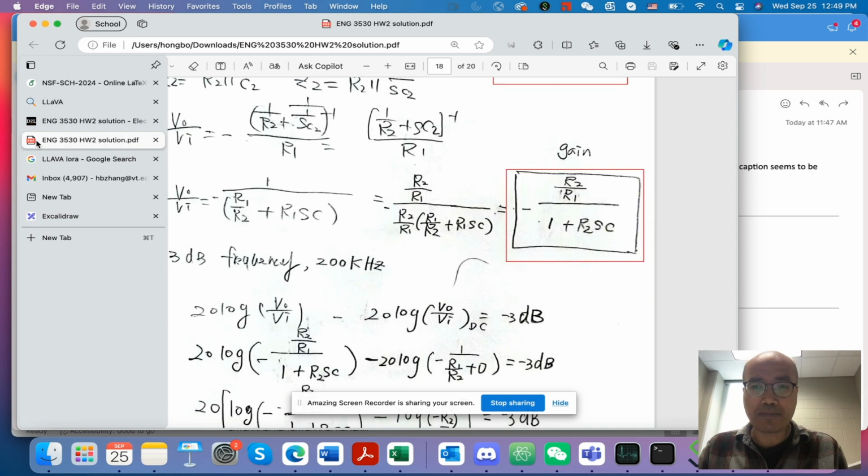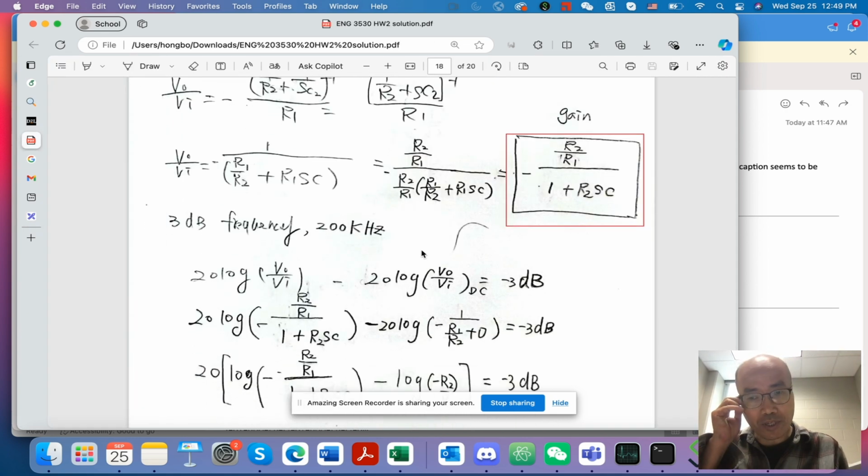Now let's go back. First thing we need to know is the 3 dB. We call it the 3 dB voltage gain.